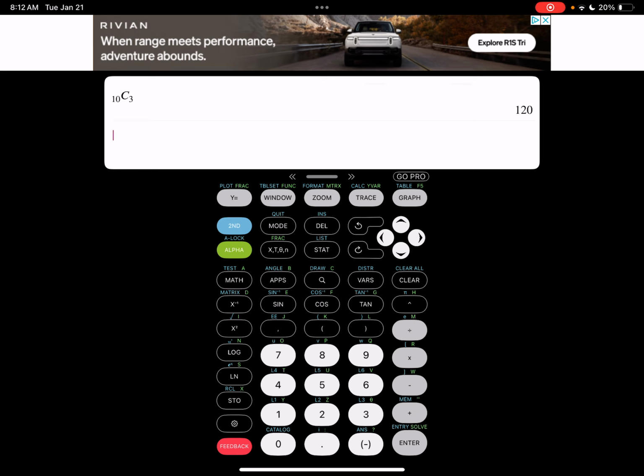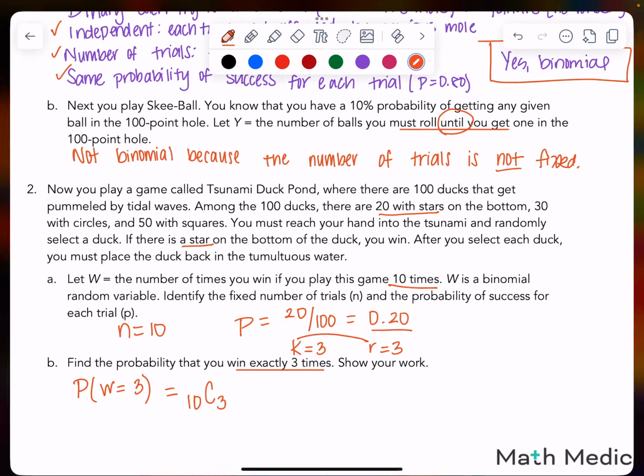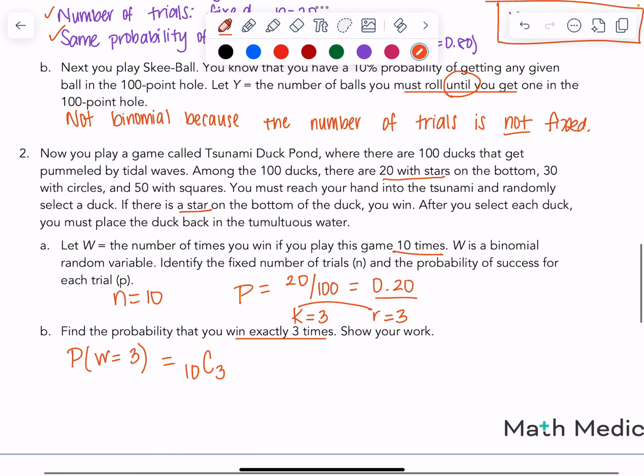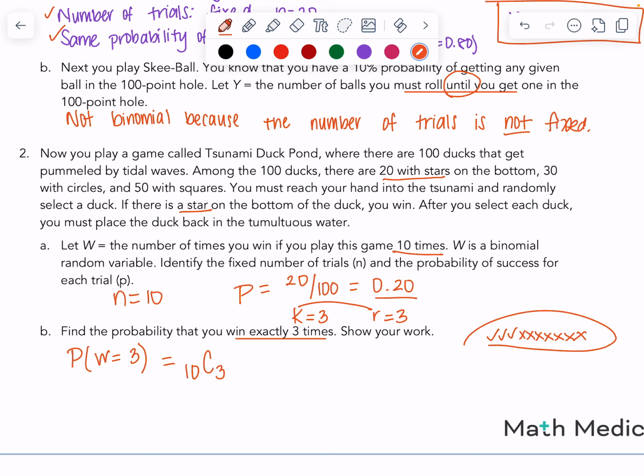And there are 120 ways of this happening. So think about it. That means that let's say that you got lucky the first 3 times and then unlucky the remaining 7 times. 1, 2, 3, 4, 5, 6, 7. Okay, so writing all of that out would be very difficult. So essentially, there are 120 of these iterations where we could have check marks in the various 10 spots.